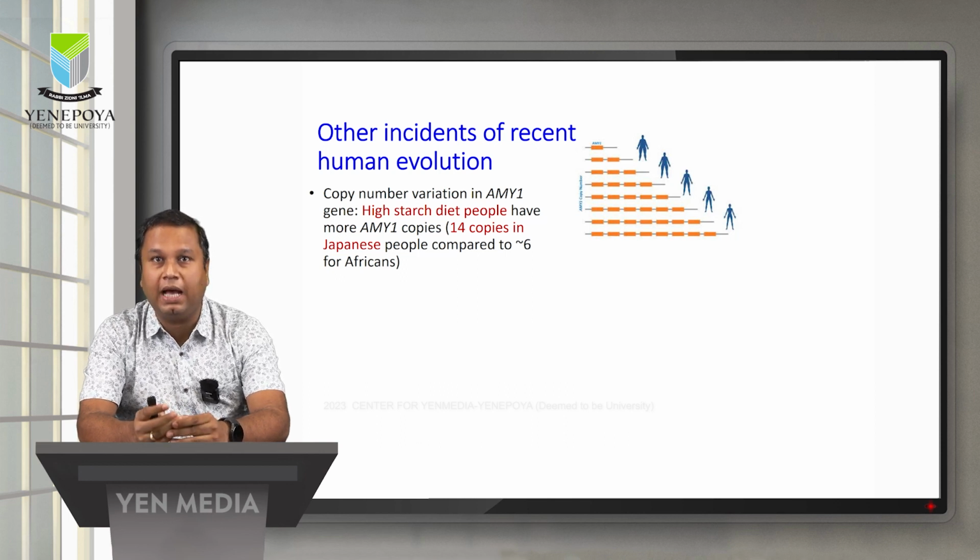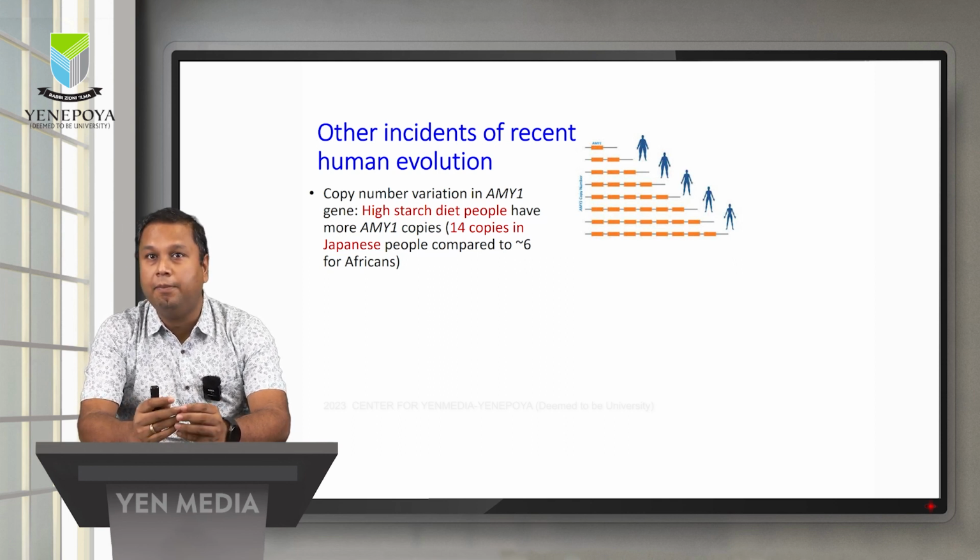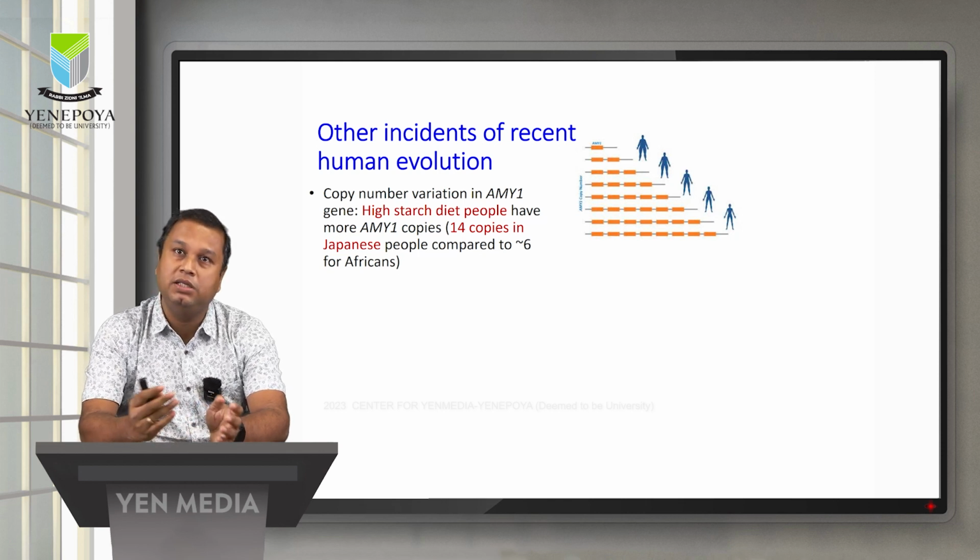Populations who live on a high starch diet, for example East Asians like Japanese, Korean, Chinese, and also most Indians who mostly eat rice, live on a high starch diet. If you have multiple copies of this gene AMY1, then you can easily digest that starch, and the result is you will be less likely to be obese, you will remain thin. So most Japanese and Chinese people remain thin despite being on a starch diet.